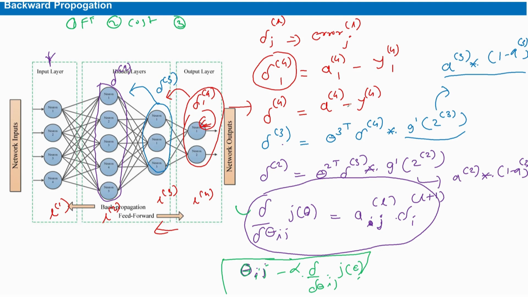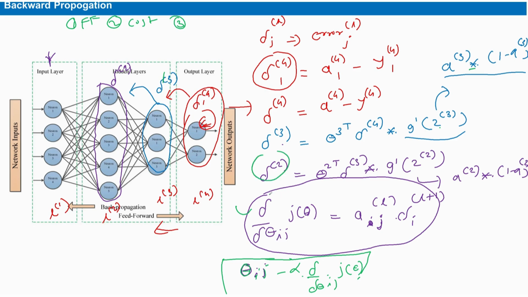Once you get the delta for the last layer, you go to layer L minus 1, where delta is theta L minus 1 transpose into delta L, element-wise multiplied by the derivative of the linear computation, which is computed as the activation of the third layer into 1 minus the activation of the third layer.